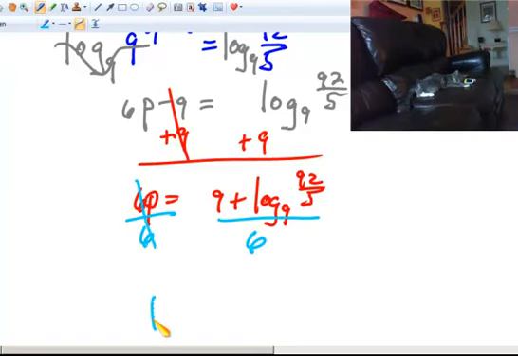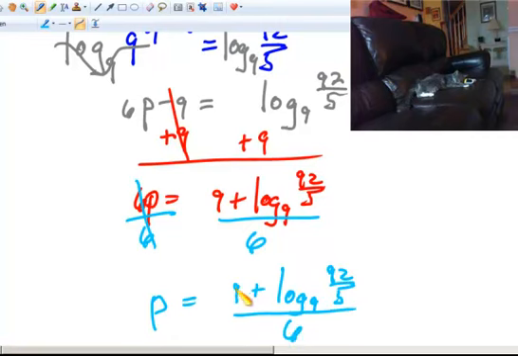And that gives me p equals 9 plus log base 9 of 92 over 5, all divided by 6. And I'm all done.